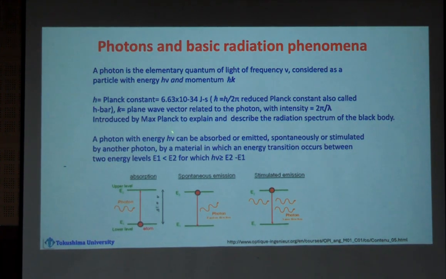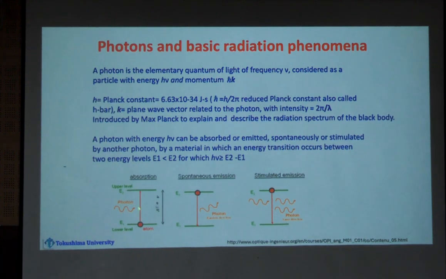So this is based on the formula that the photon, this light, has. Light is nothing but photons, which are the basic element of light, which consists of frequency and having certain energy with momentum.